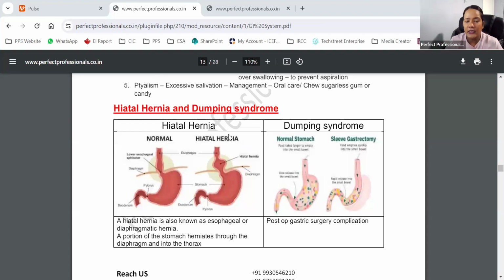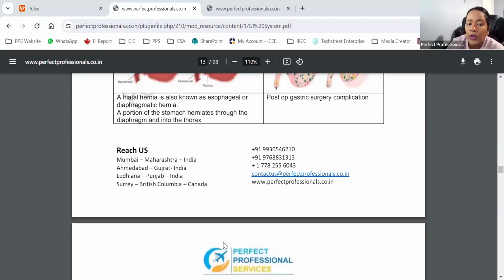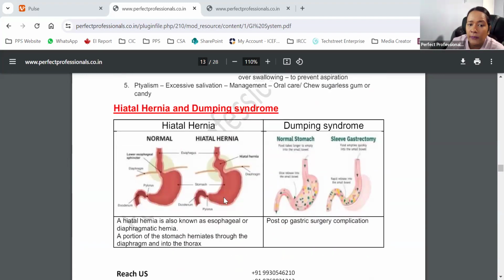Okay. Hiatal hernia. A hiatal hernia is also known as esophageal or diaphragmatic hernia. The portion of the stomach herniates through the diaphragm into the thorax. Okay. So, as you see, this is a normal esophagus.